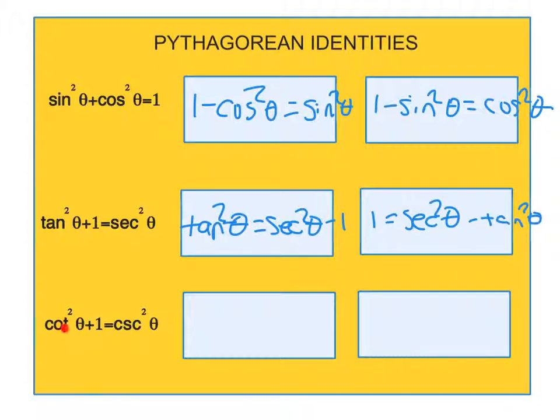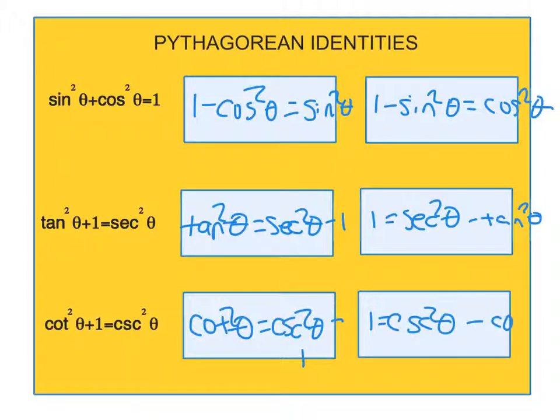Same thing with this one. I can move these over, and I can also get cotangent squared theta equals cosecant squared theta minus 1, or I get 1 equals cosecant squared theta minus cotangent squared theta.